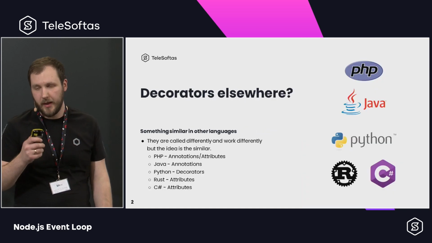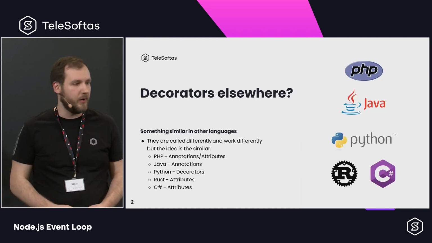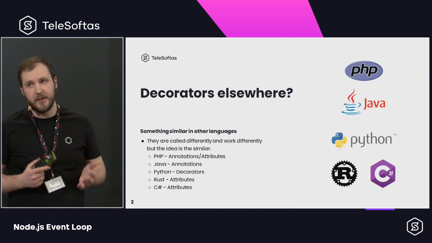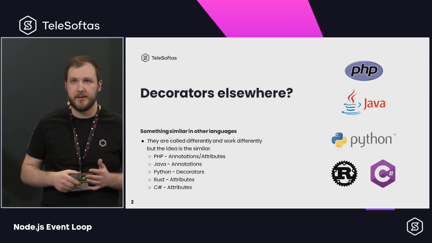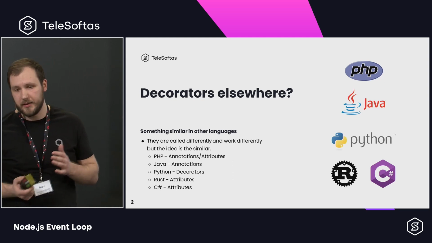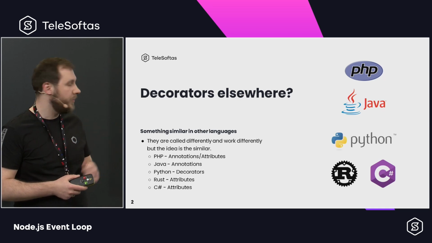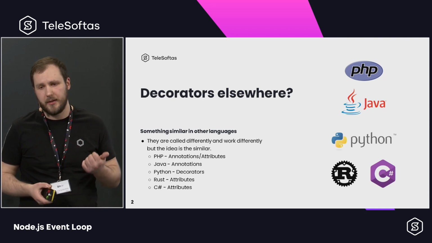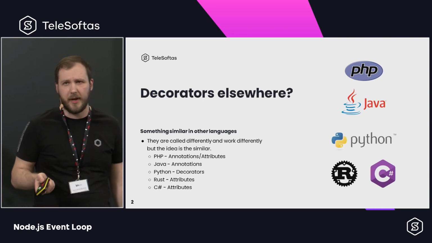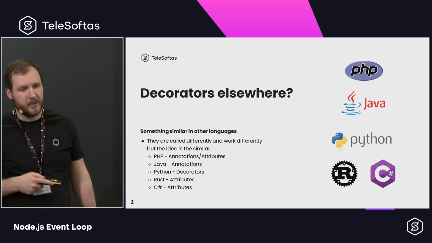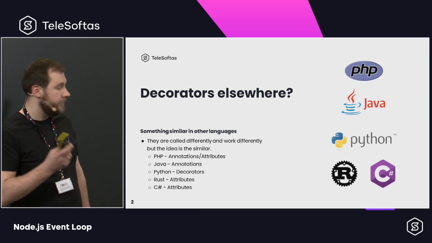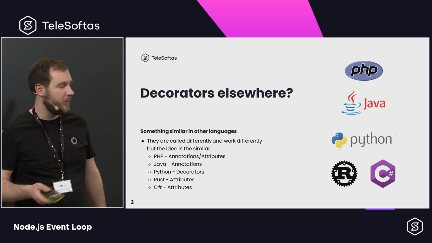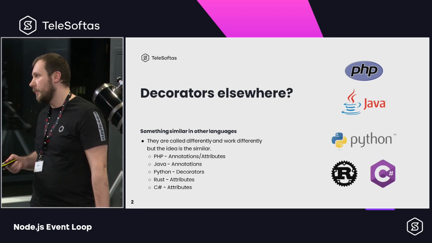Another interesting thing about decorators is that something similar actually exists in other programming languages as well. For example, PHP has annotations, and since PHP 8 they were renamed to attributes. Java has annotations as well. Python has something which is also called decorators, which serve a similar purpose.